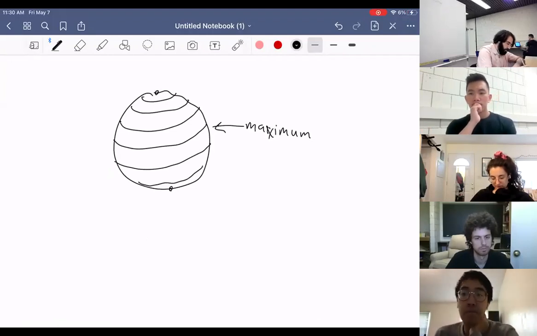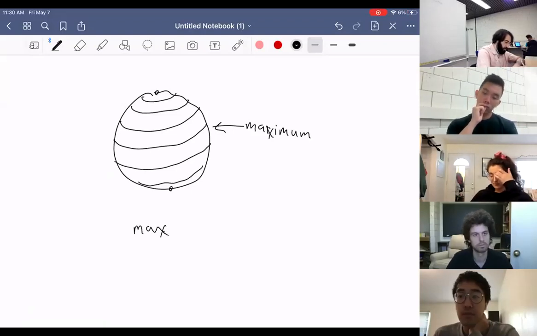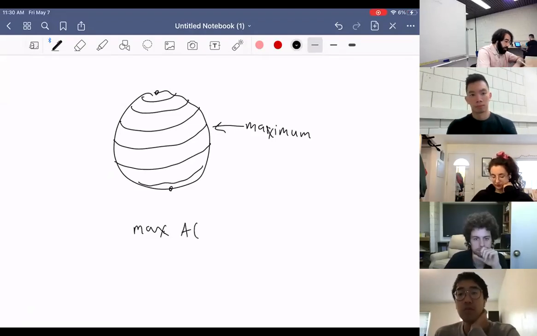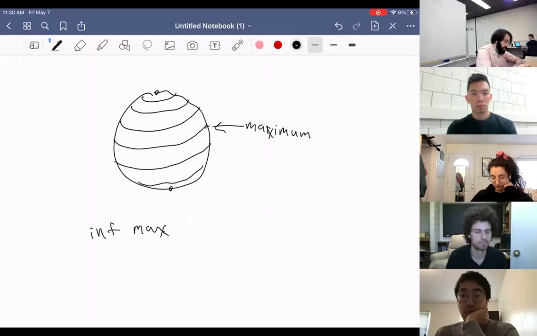And then this critical point is going to be the max area surface inside this foliation, and then it's going to be the minimum area surface over all possible foliations.